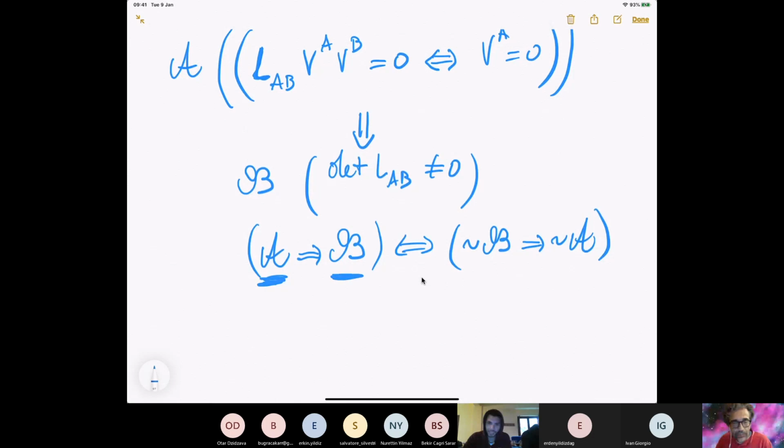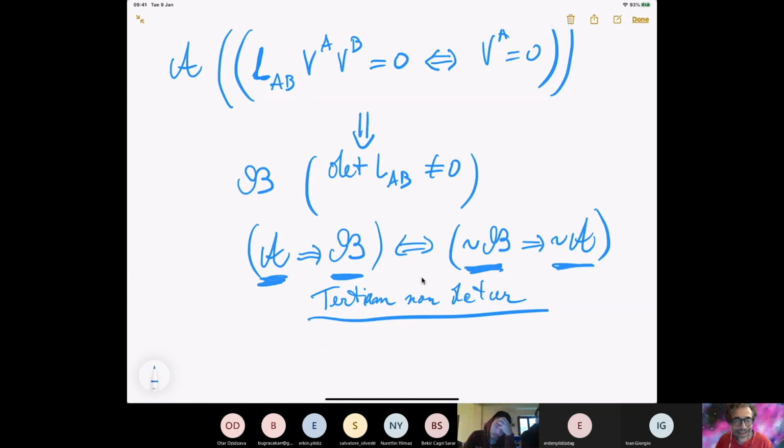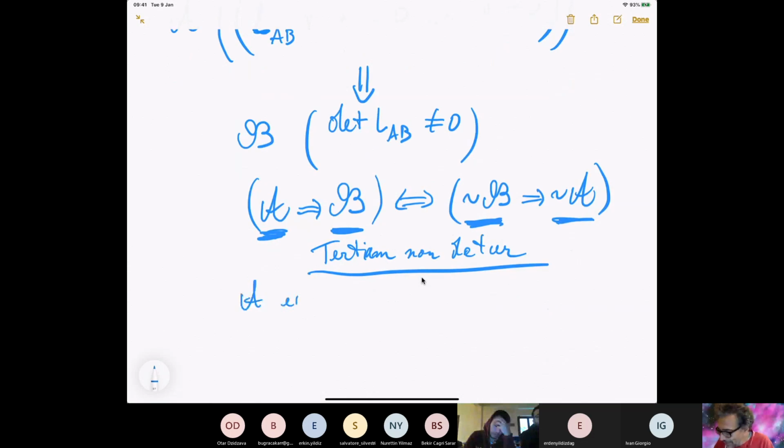And I tell you that this is equivalent to saying that when B is false, A must be false. Tertium non datur. This is the Latin expression we learned by heart, because you don't have any other possibility. A either is true or it is false.